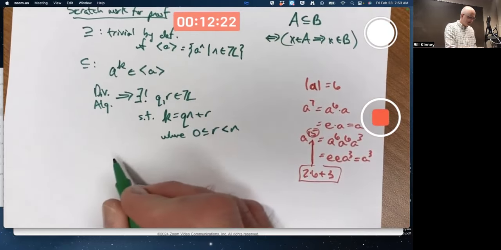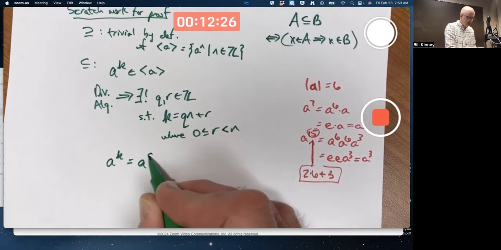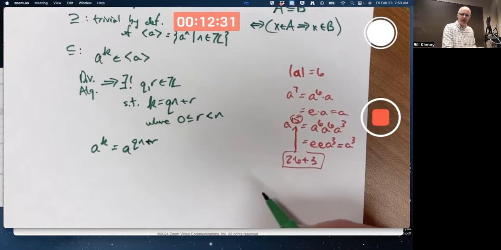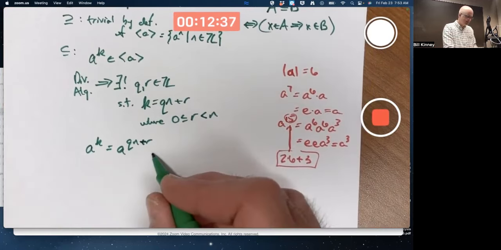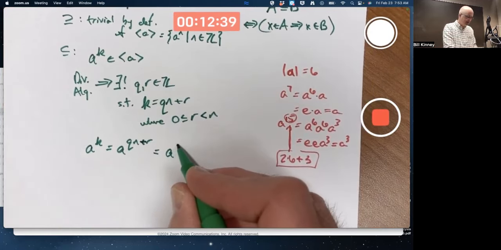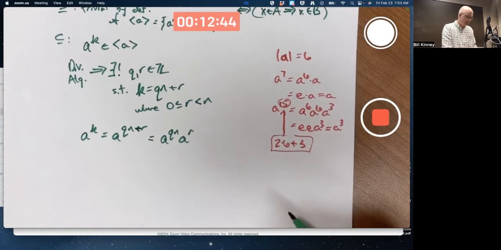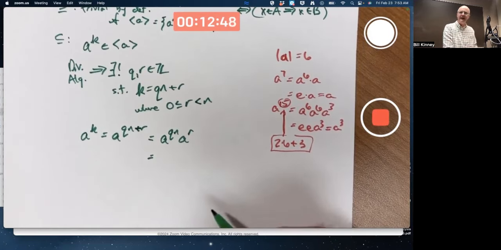And so use it. A to the K is then going to be A to the Q times n plus R. Do the same kind of thing we did over here for this example. Use properties of exponents, first of all. And then use the fact that A is assumed to have order n.